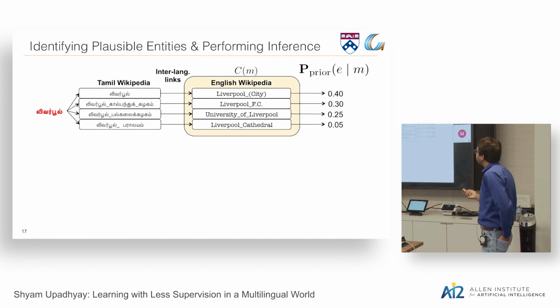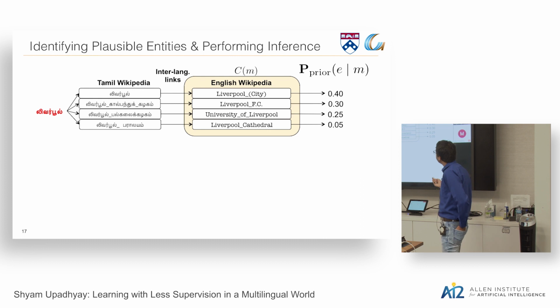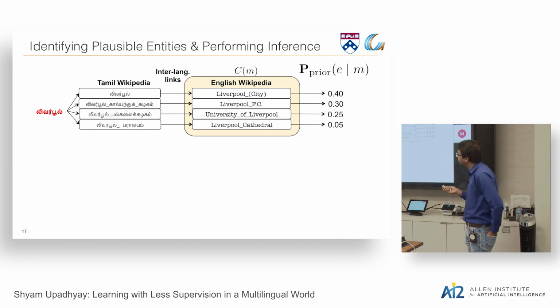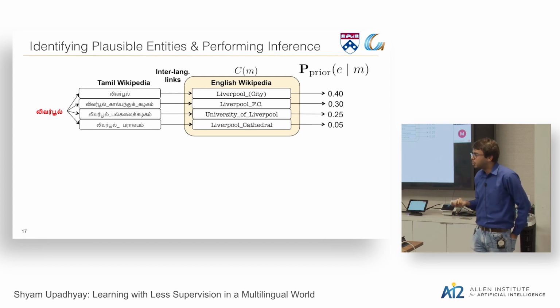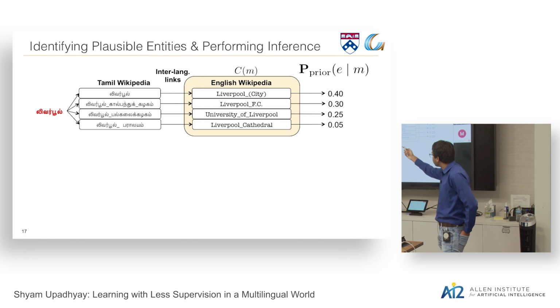And for each of these candidate entities, we compute what we call the prior probability of linking to that entity, given simply the mention surface. So you can think of this as some measure of popularity of that entity. So if that string refers to the city of Liverpool 40% of the time, that would be reflected by the prior.